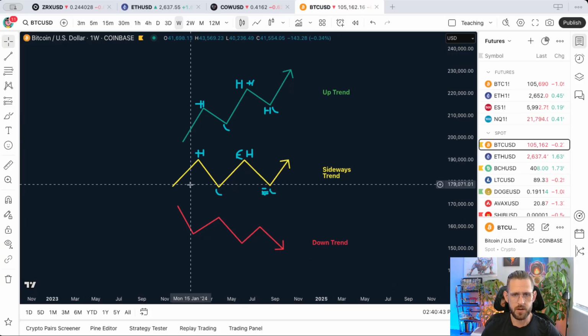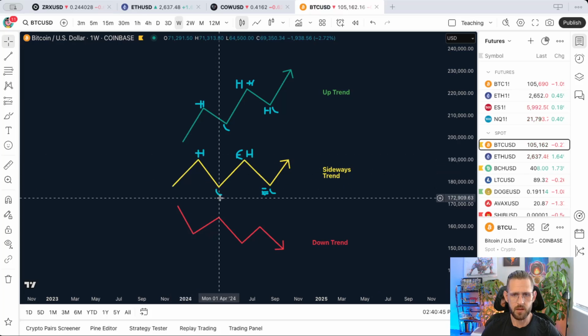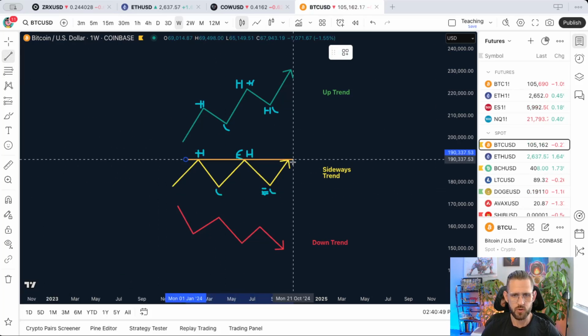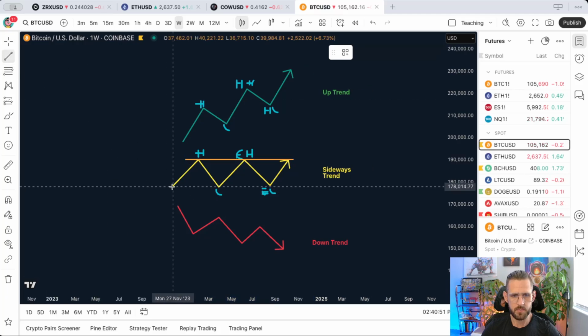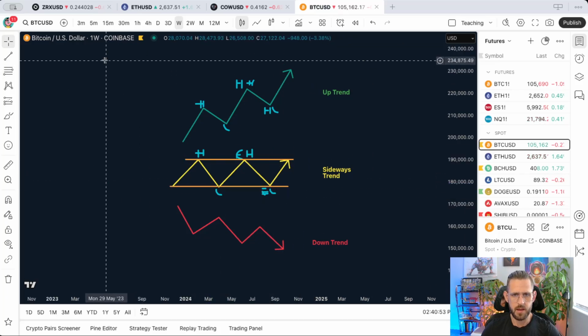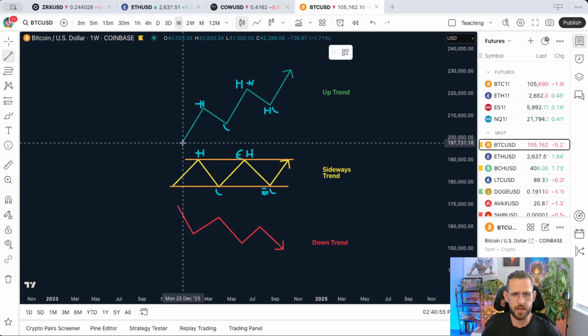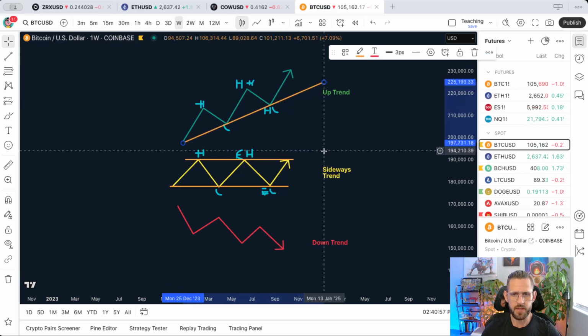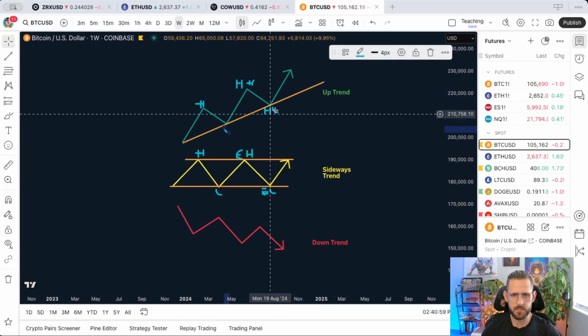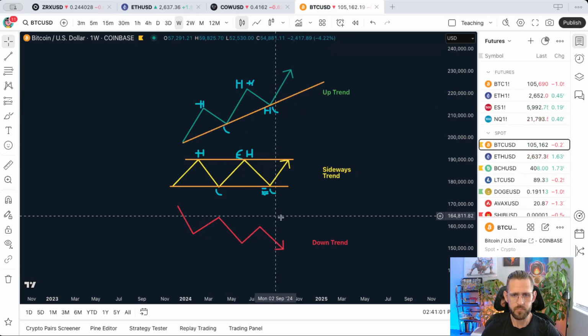So that is our definition of a sideways market: a high, a low, equal high, equal low. And you can see this by drawing a line across these. And for our uptrend, you can draw a line, a trend line, off the bottoms of these, okay? And the same thing for our downtrend.